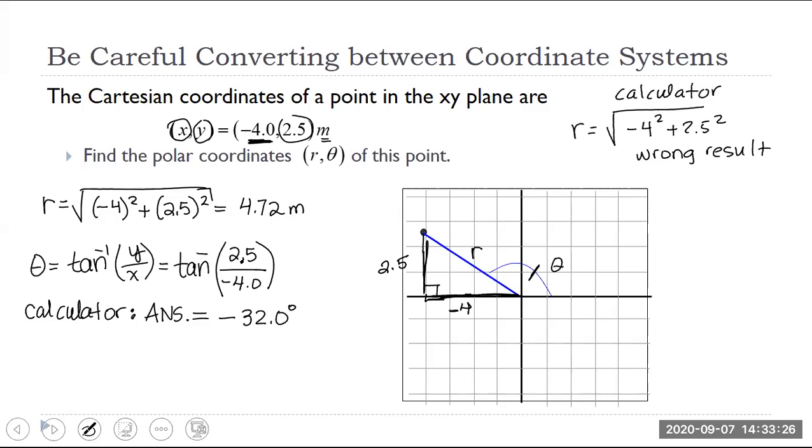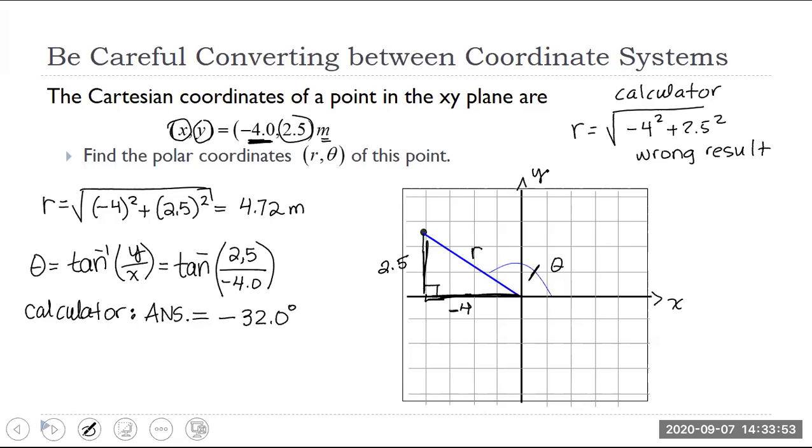So what's the problem with writing it as -32? It's not starting at 0. Well, it could be starting at 0. If I just told you to show me in this coordinate system where -32 is, where would you plot it?